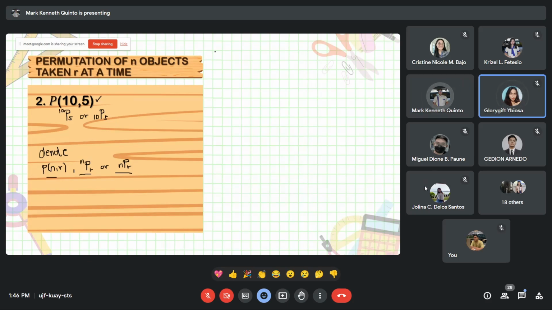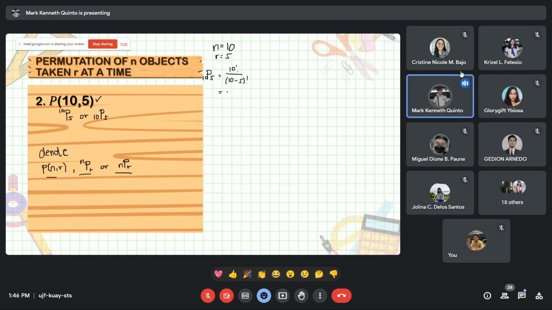Okay, so let's proceed now to our solution. So again, the value of our n is 10 and the value of our r is 5. So let's use the formula. The permutation of 10 objects taken 5 at a time is equal to 10 factorial all over 10 minus 5 factorial.